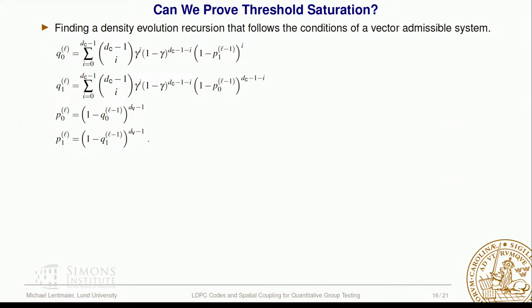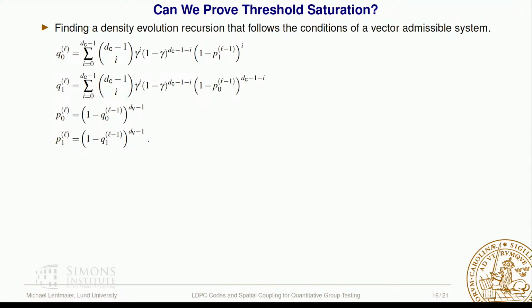The idea is to find a density evolution recursion that satisfies the conditions for vector admissible systems. This relates to Henry's work. We use that work of Henry to show that we can find such a recursion for which we can prove that we get threshold saturation.